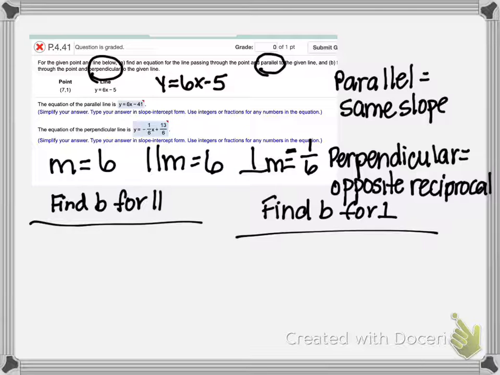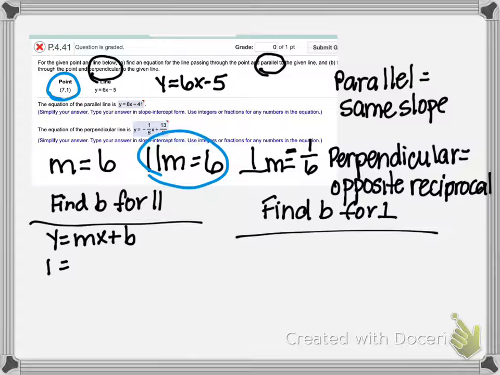So parallel, we're going to take our point (7, 1), and we're going to use our parallel slope. So we're going to use those two pieces there. And we're going to plug it into y equals mx plus b. So my y value is 1. My parallel slope is 6. My x value is 7 plus b.